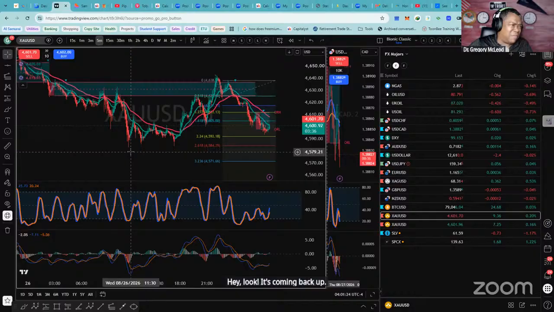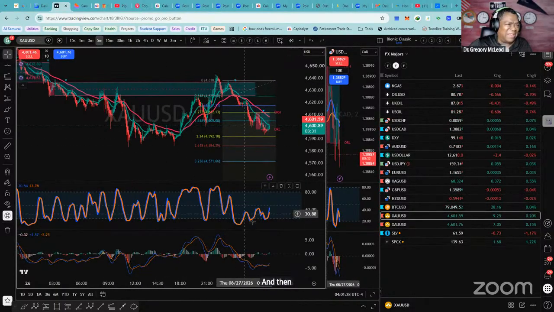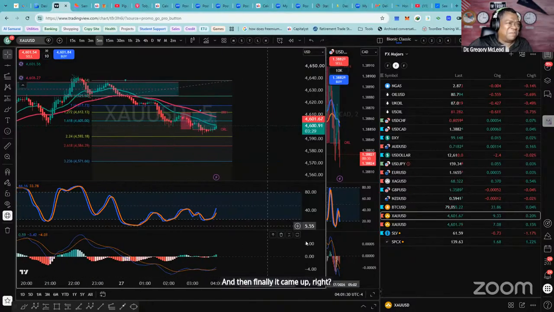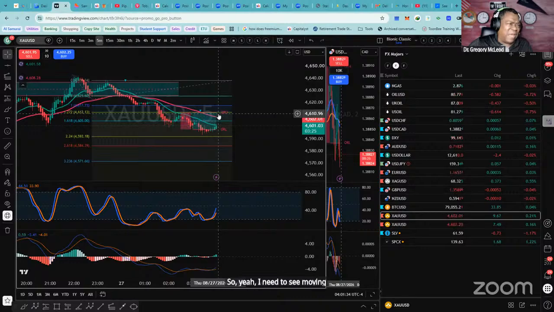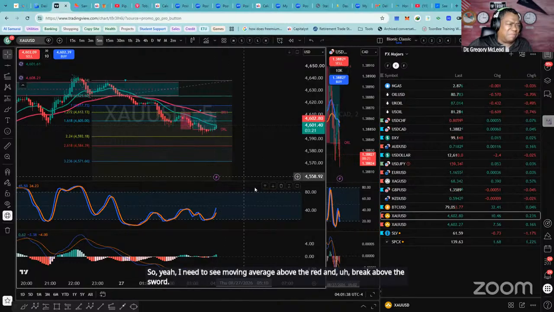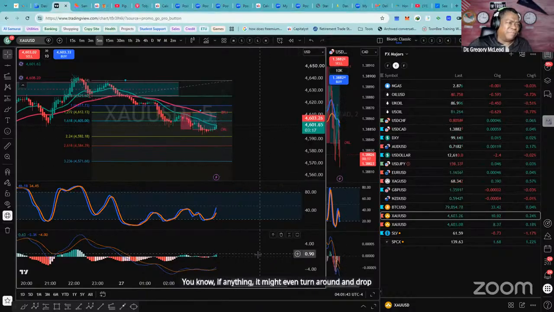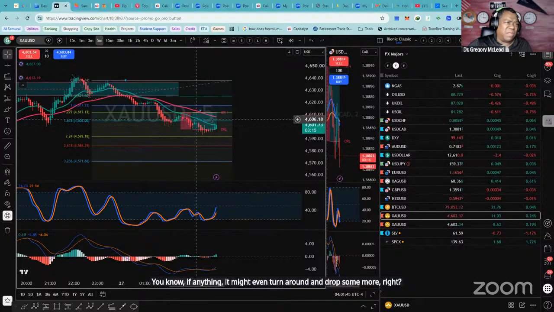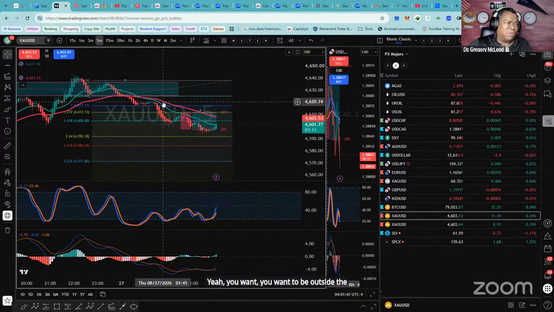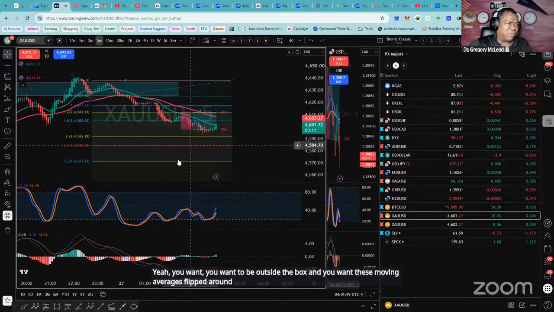Coming back up. No. And then finally it came up, right? So yeah, I need to see moving average above the red and break above the sword. If anything, it might even turn around and drop some more, right? You want to be outside the box, and you want these moving averages flipped around. You want green above red.